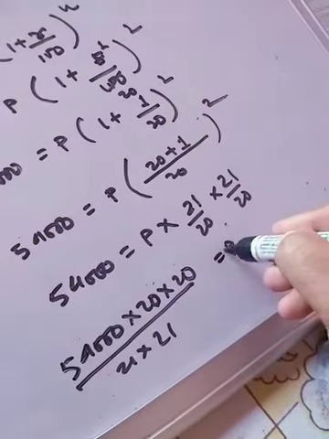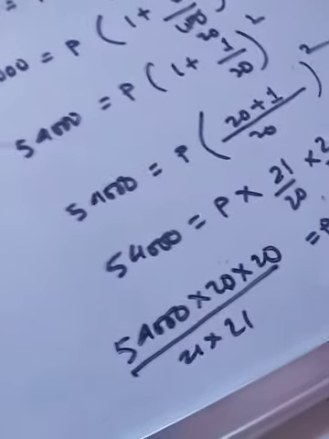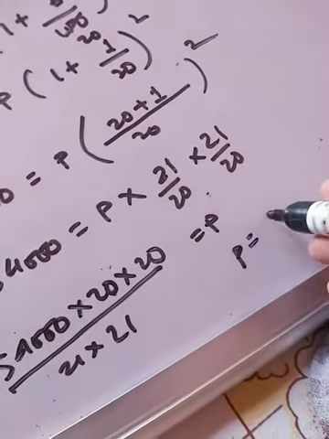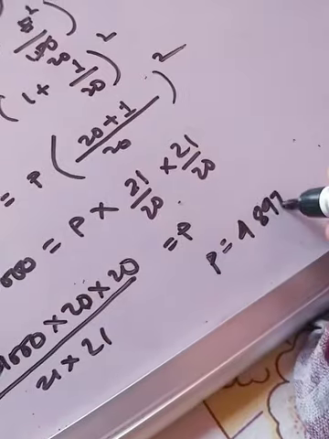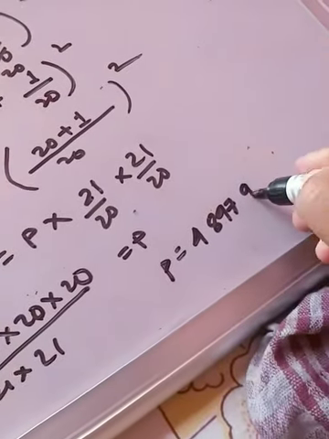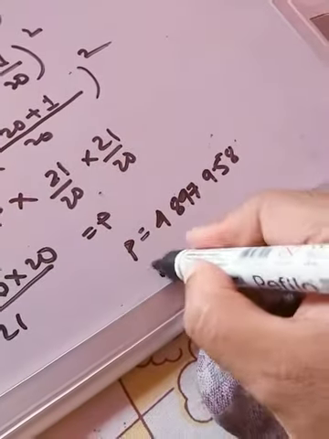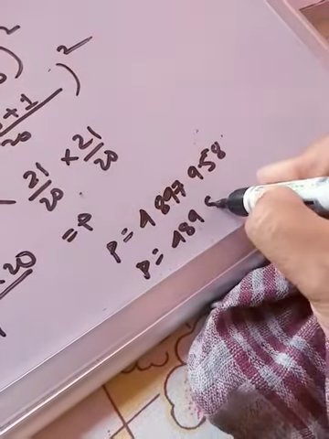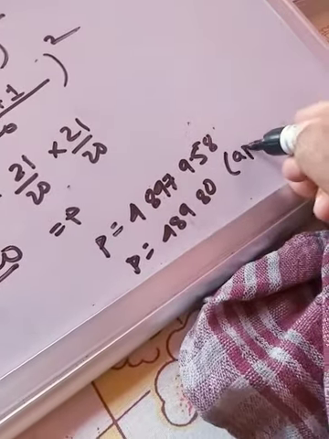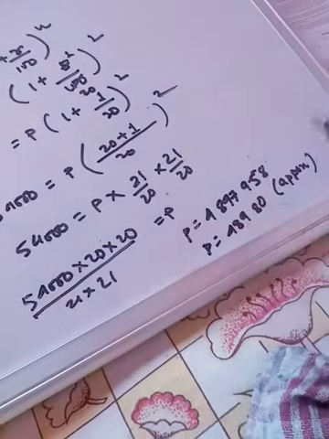This is P. If you solve this, you will get P equals 48,979.58. So the approximate population was 48,980. This was the population in the year 2001.